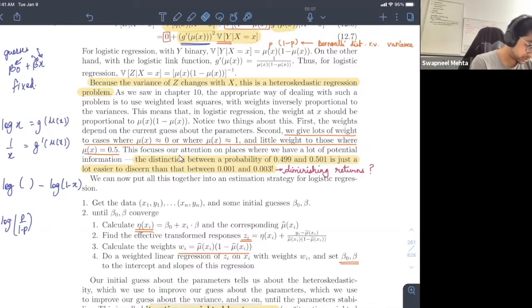I should write p here. And so this reduces to this, and once we take the derivative, it is 1 by p plus 1 by 1 minus p, which if we add up becomes 1 upon p times 1 minus p. So that is what they're writing here.